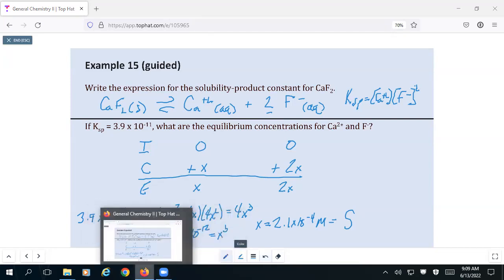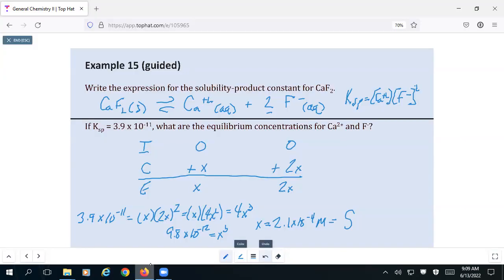What this means for us, though, is the concentration of calcium is equal to 1S, so 2.1 times 10 to the negative 4th molar. Concentration of fluoride is 2S, so it'd be 4.2 times 10 to the negative 4th molar.